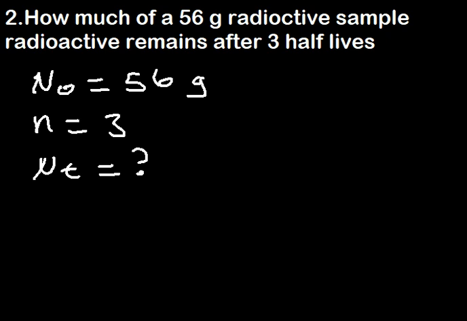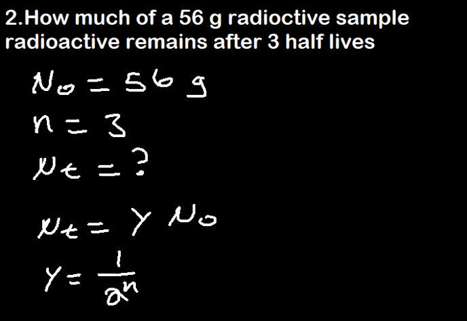Since we have the number of half-lives, we calculate the final contents as the fraction of remains times the initial contents. So we first solve the fraction of remains: y is equal to 1 over 2 to the power of the number of half-lives, which is 1 over 2 to the power 3. What is 2 to the power 3? We have it as 8, so we have 1 over 8.